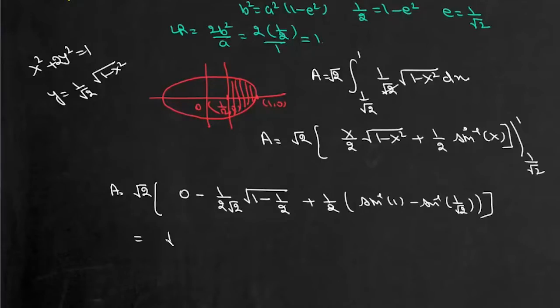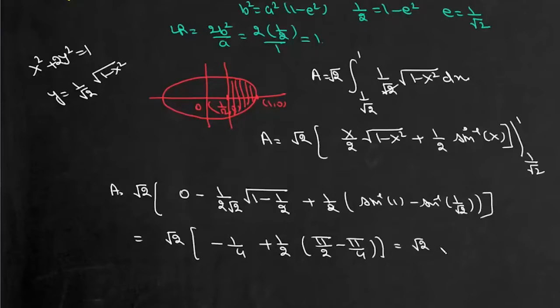Now this is root 2 and here this is minus 1 by 4 and plus 1 by 2 and sine inverse 1 is pi by 2 and here this is pi by 4. So this is pi by 8.